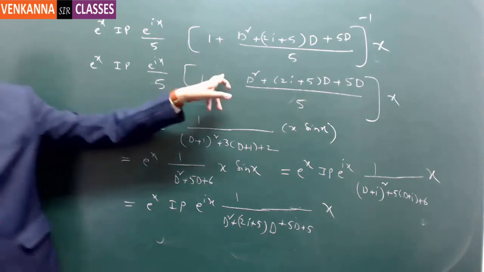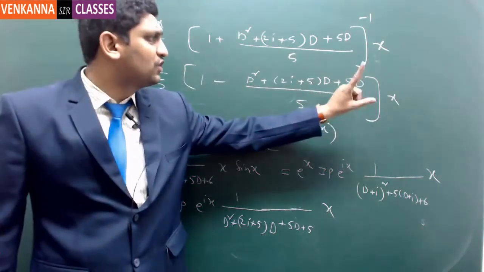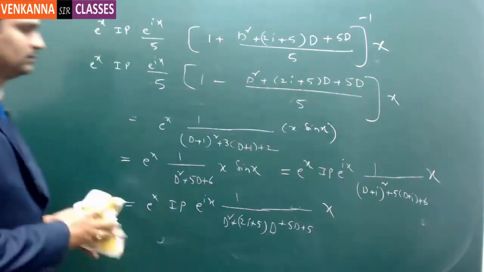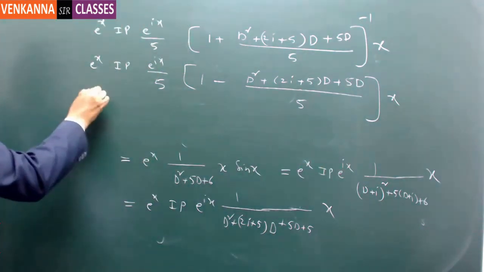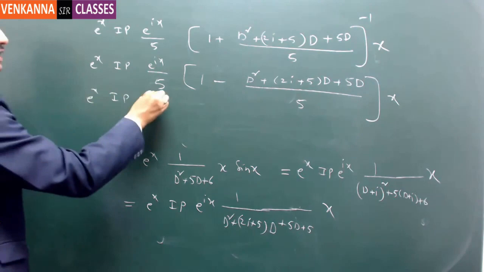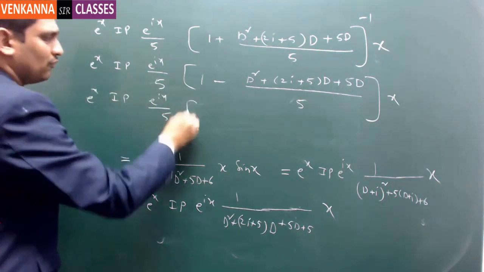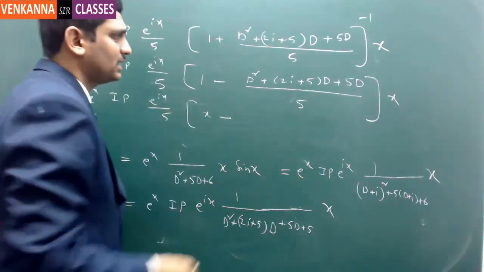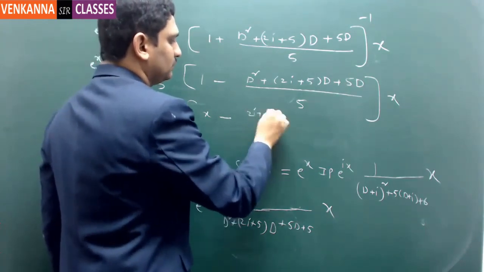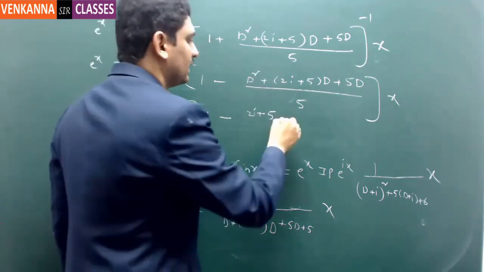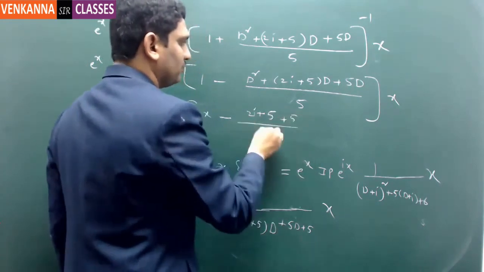So for d square it is 0, differentiation value 1, here differentiation value 1. So it is e power x imaginary part e power ix by 5 of x minus 2i plus 5 and then 5 by 5.